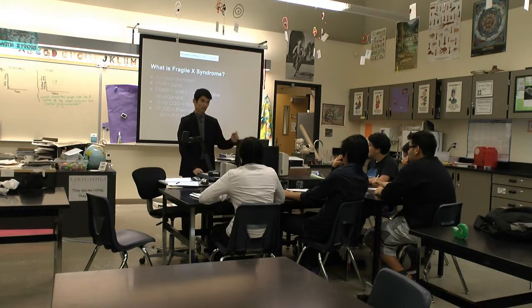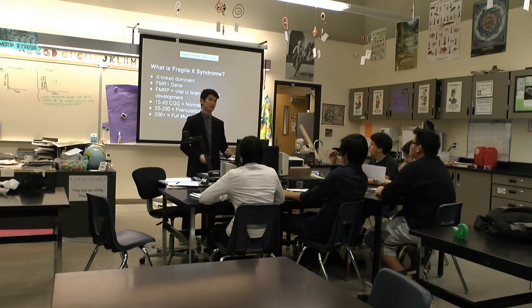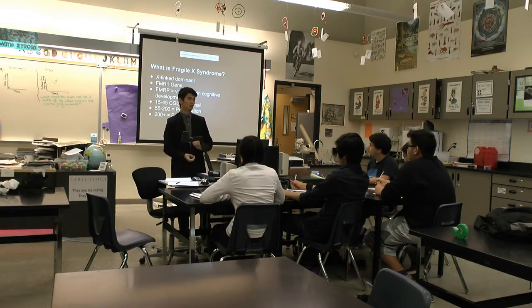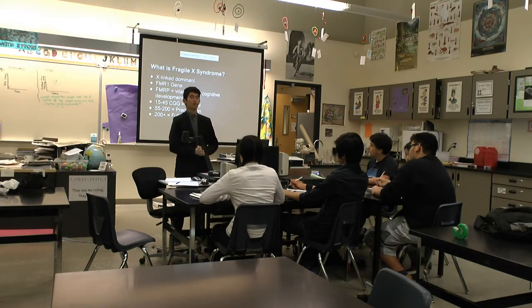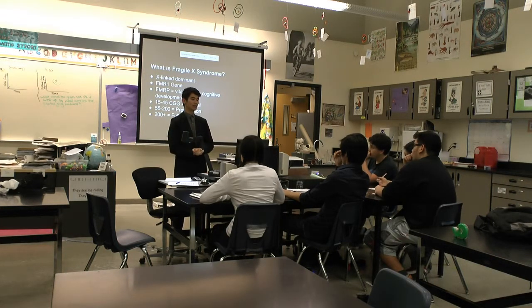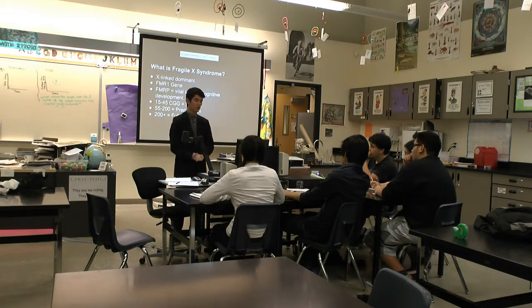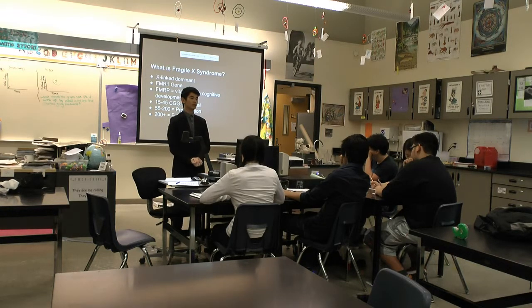Well, let me start off by saying it is an X-linked dominant disorder, and that it is a repeat on the CGG trinucleotide codon, and that it is linked to the FMR1 gene, which is the Fragile X mental retardation protein 1, and that this protein is linked to brain cognitive function and development at early ages in the womb, and that the severity of this disorder comes in all shapes and sizes.